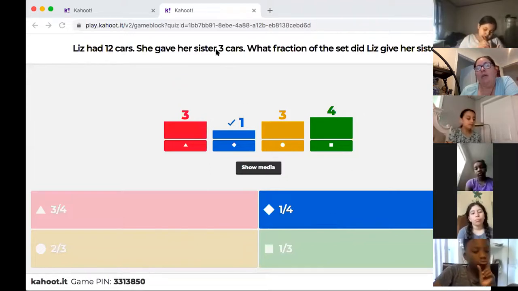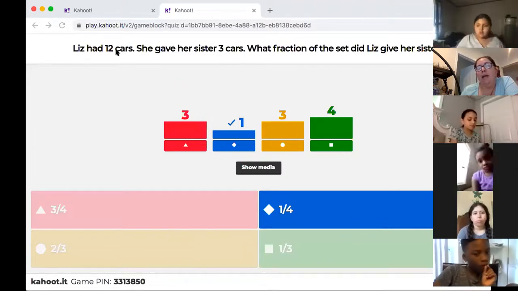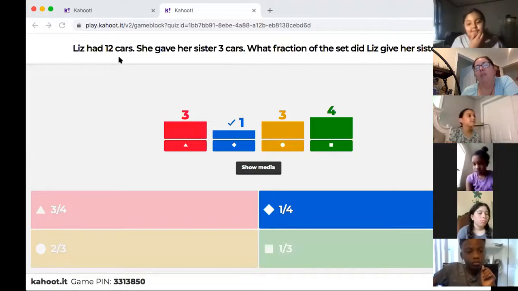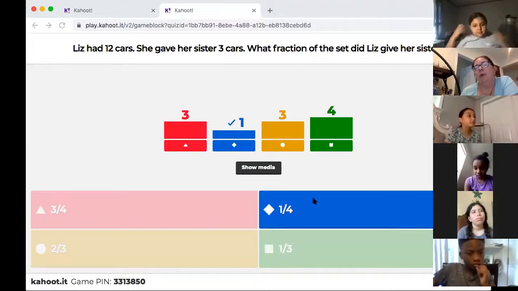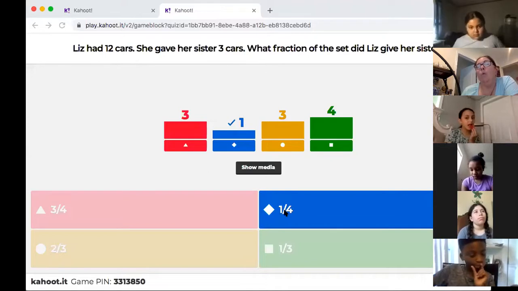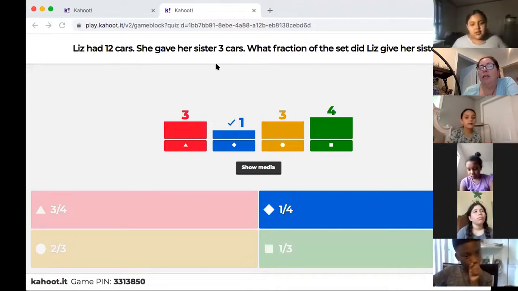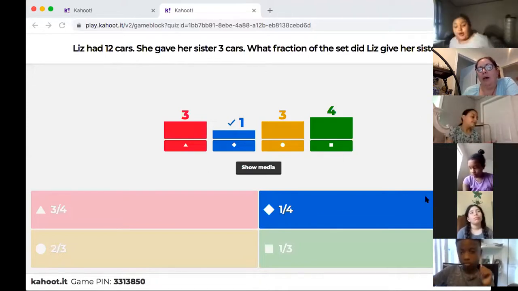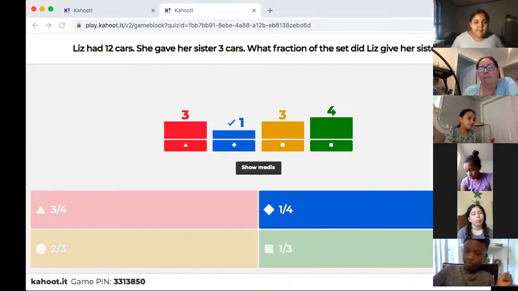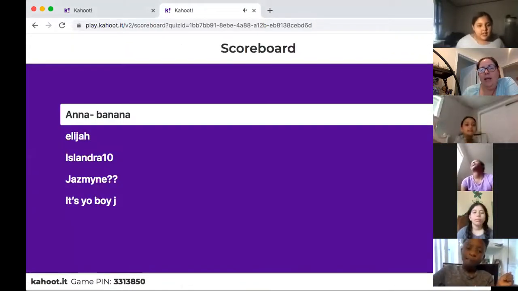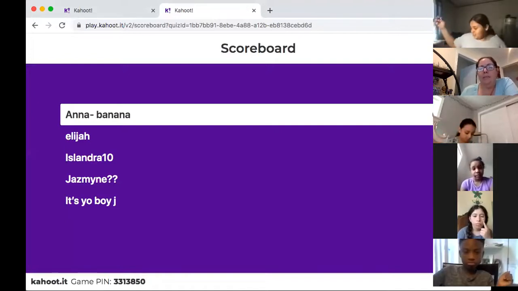So how many groups of 3 are in 12? Well, there's 4 groups of 3. So an equivalent fraction would be 1/4 is the same as 3/12. Good. Annalie got that right. Good job.